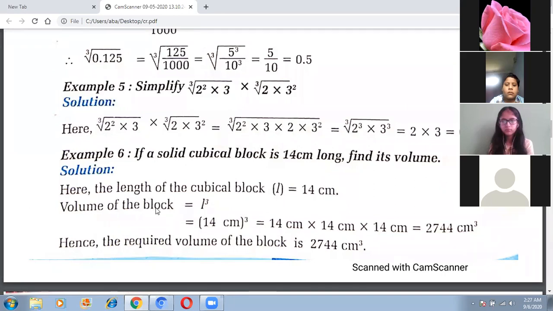Now volume of the block equal to L cube. In place of length, you write 14 centimeter. 14 centimeter cube is 14 centimeter into 14 centimeter into 14 centimeter, 2744 centimeter cube. Centimeter into centimeter into centimeter, centimeter cube. So therefore the required volume of the block is 2744 centimeter cube.